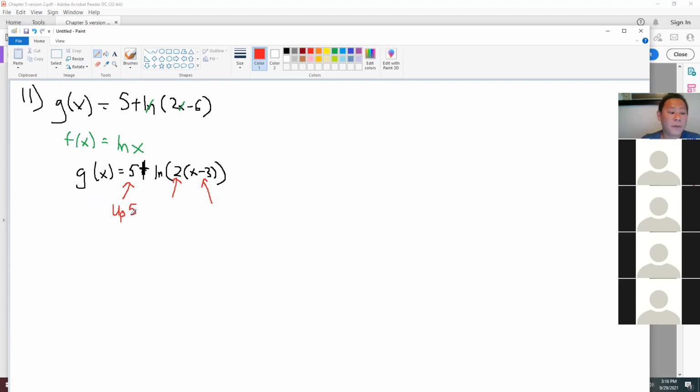How about this 3 in the parentheses here? What does that mean? You move to the right 3. Does anyone know what this 2 stands for? This one has been multiplied.